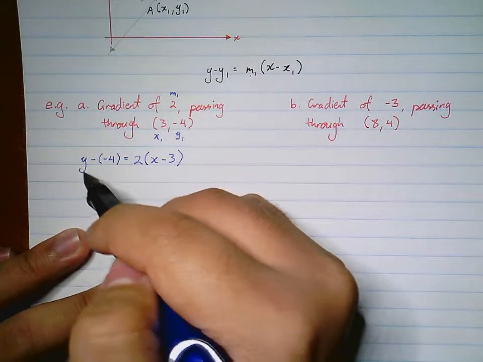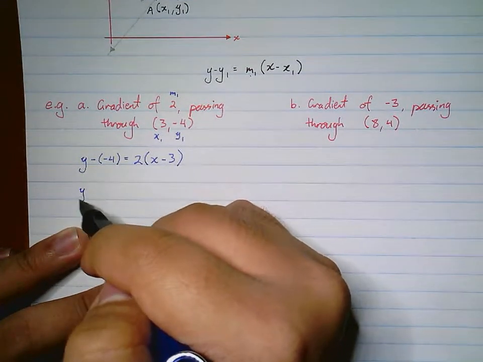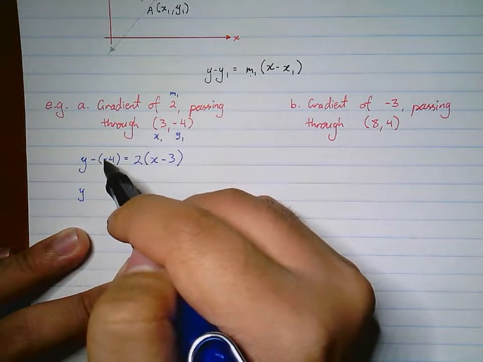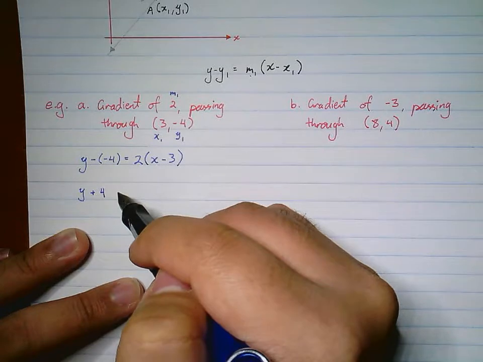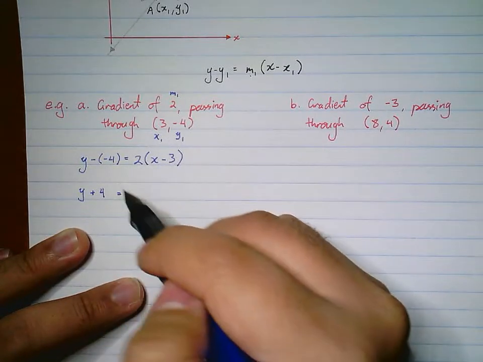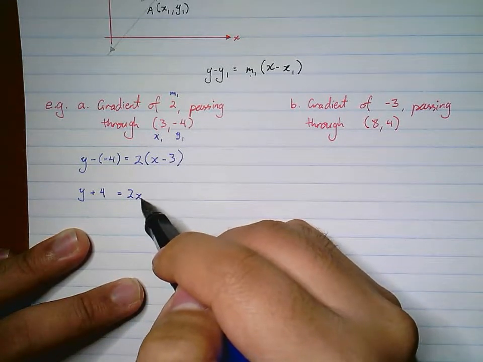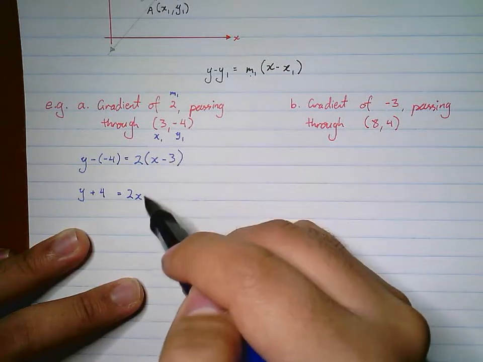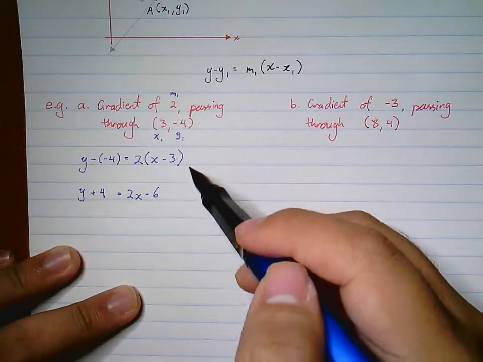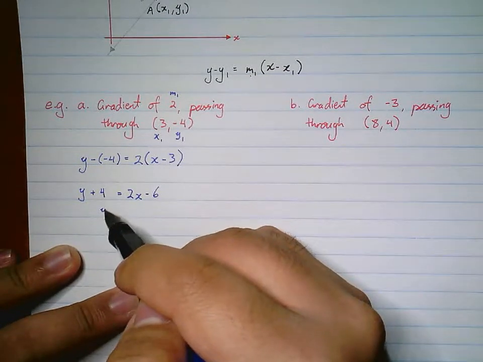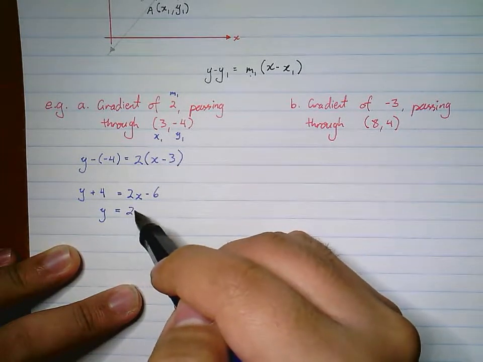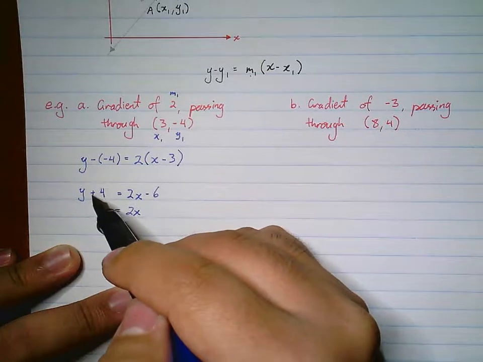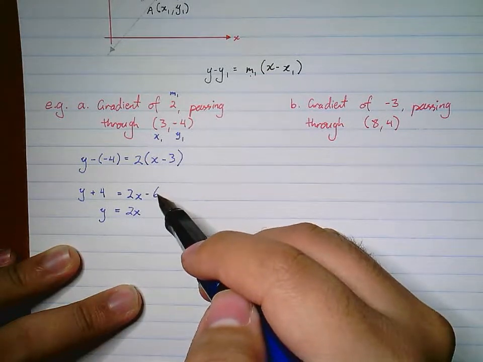Evaluating all of our points, this would be y minus 4 is plus 4 equals, expanding the brackets, we get 2x minus 6. Moving everything to one side, leaving y on the left, y equals 2x, subtracting 4 on both sides.